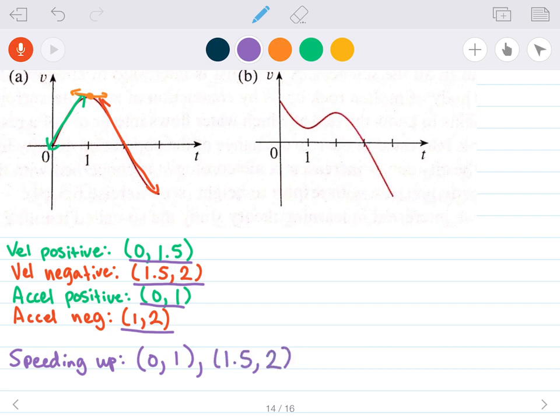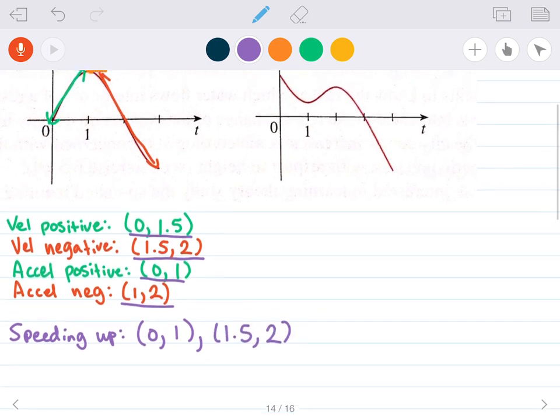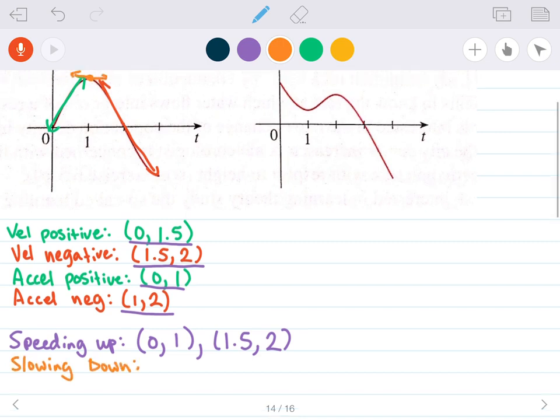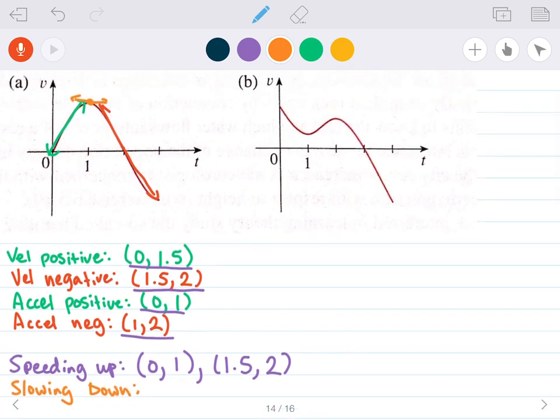Now slowing down, we have opposite signs. So let's do that. Velocity positive, acceleration negative. Let's look at these first. Where do they overlap?